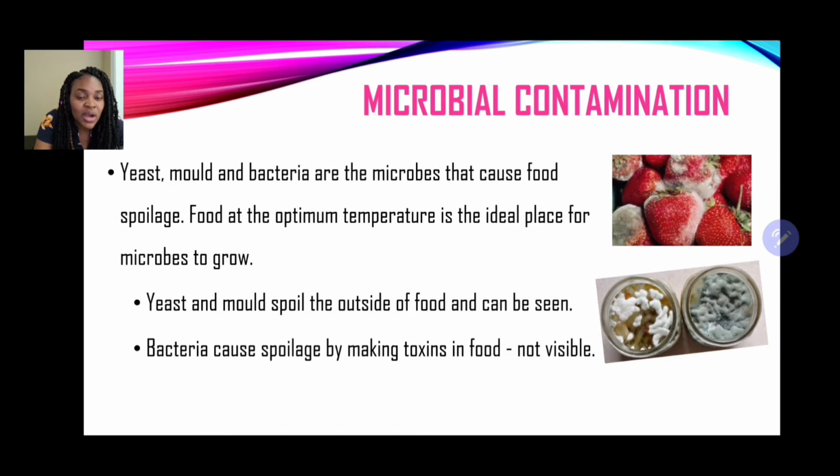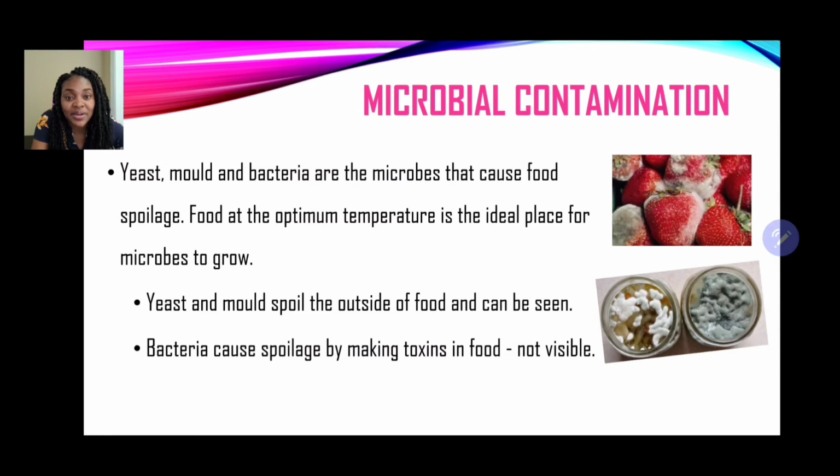Yeast and mold are very similar. We could say that they're sisters or cousins, because they're from the fungus family. They look similar, but yeast will have whiter substances on the food, whereas mold may vary in color. It may look a little greenish or brownish.